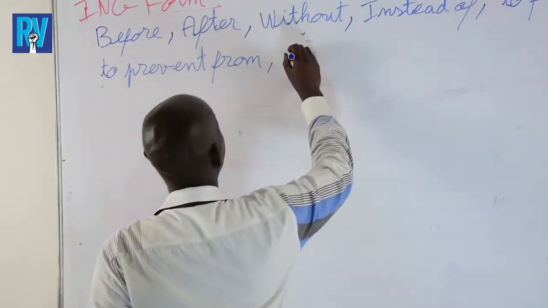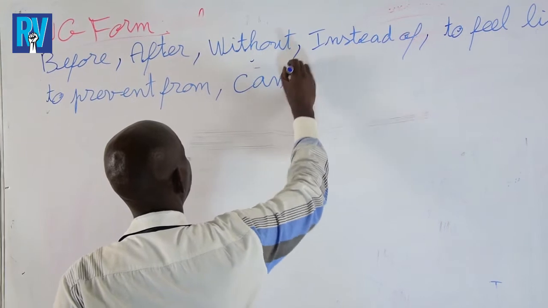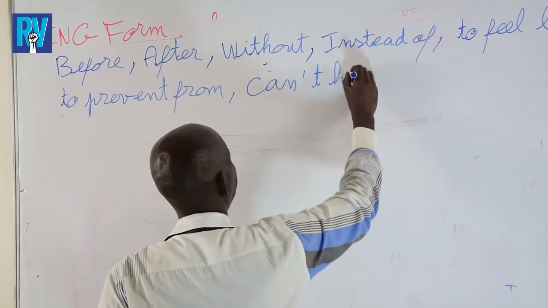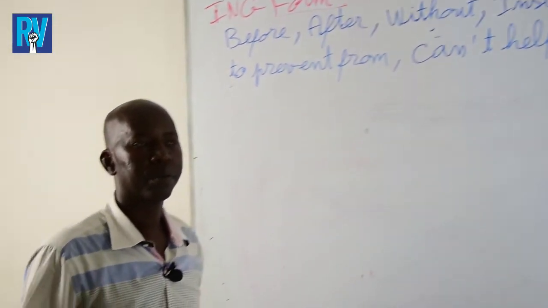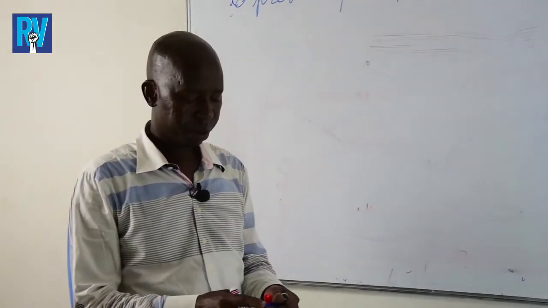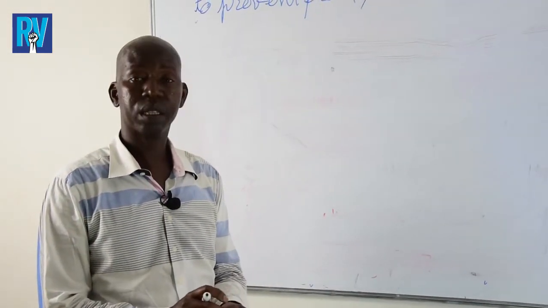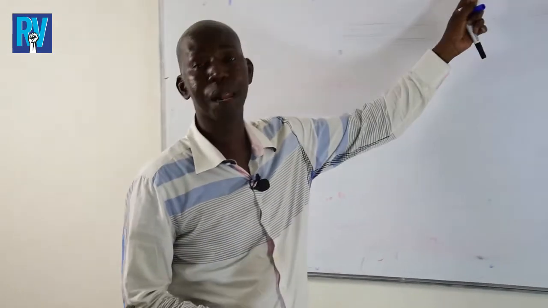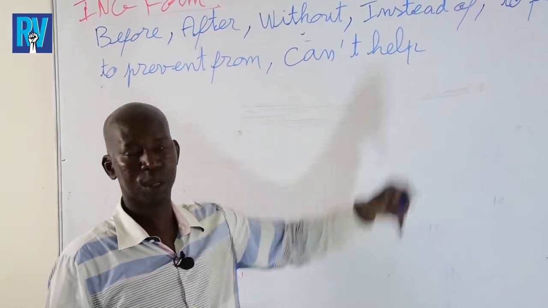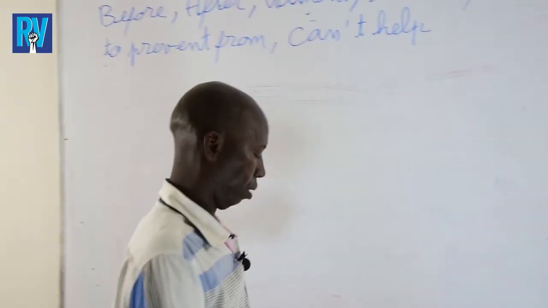I have can't help. Can't help. Ne pas pouvoir s'empêcher de. When I see this comedian, I can't help laughing. Quand je vois ce comédien, je ne peux pas m'empêcher de rire. I can't help laughing. Le verbe qui suit prend la forme ing.